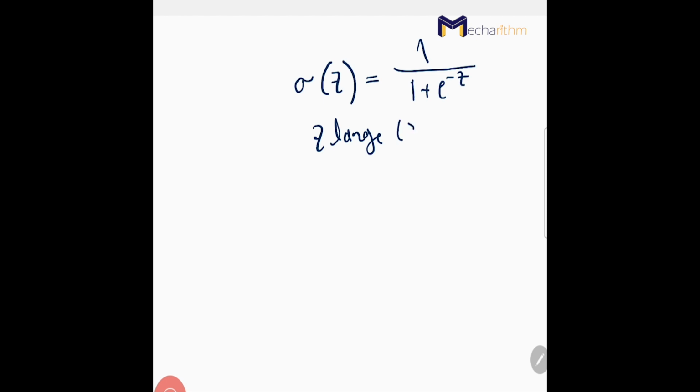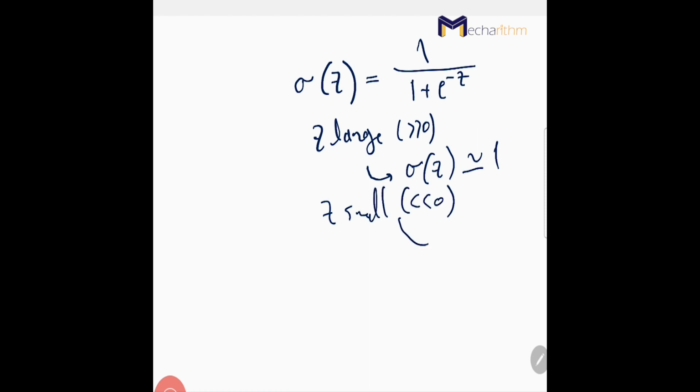So this sigmoid function can be mathematically represented as follows: sigmoid of z is equal to 1 over 1 plus e to the power negative z. So if z is large, or sufficiently greater than 0, then sigmoid z will be almost equal to 1. And if z is small, that is much less than 0, then sigmoid z is going to assume a value that is very close to 0.